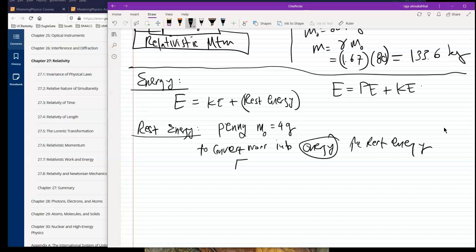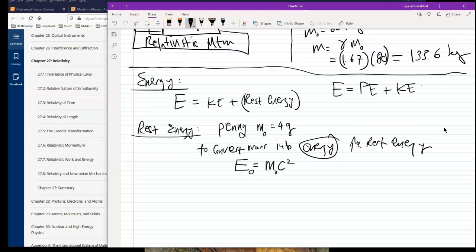And this rest energy, let's call it E, is equal to m naught times c squared. Okay? So this is rest energy. Maybe I could call it E naught. It's not a big deal. I've never seen it written E naught, but let's say we call it that.